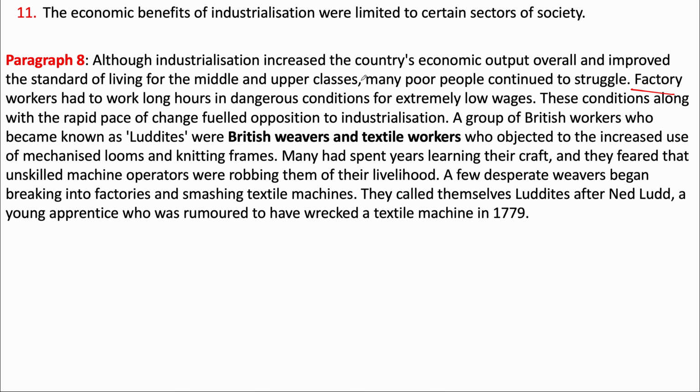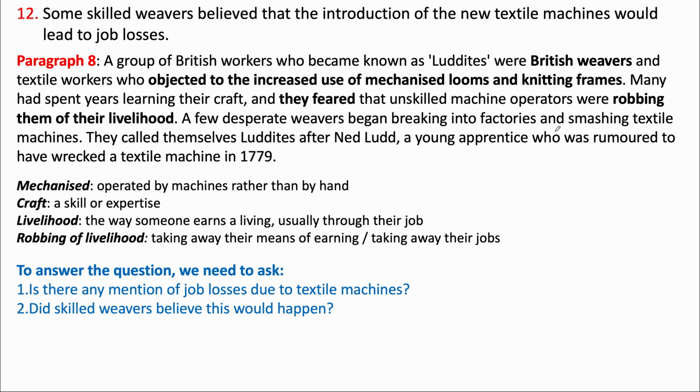This is where we found the answer to the previous question. We start looking after this. The passage says that British weavers objected to the increased use of mechanized looms and knitting frames. Mechanized looms and knitting frames are textile machines.